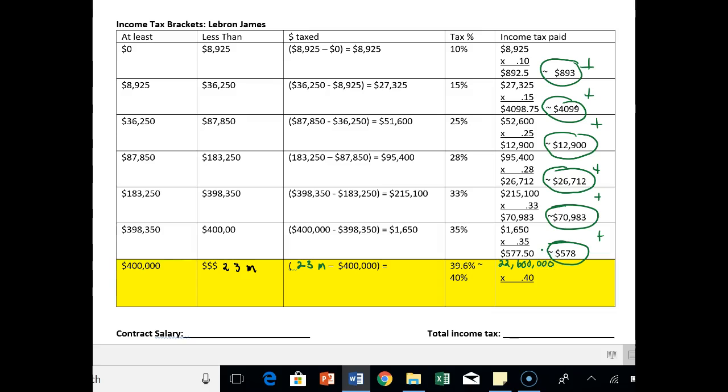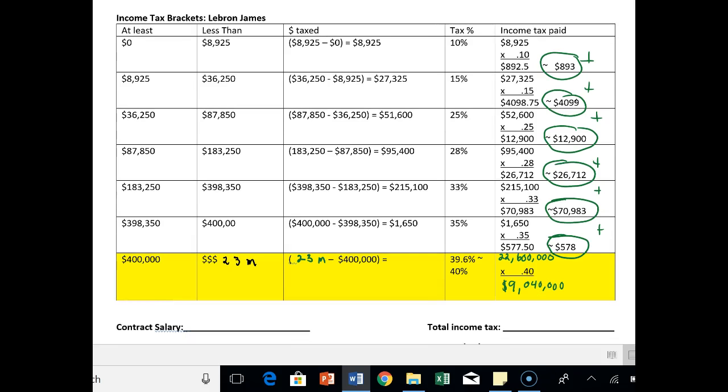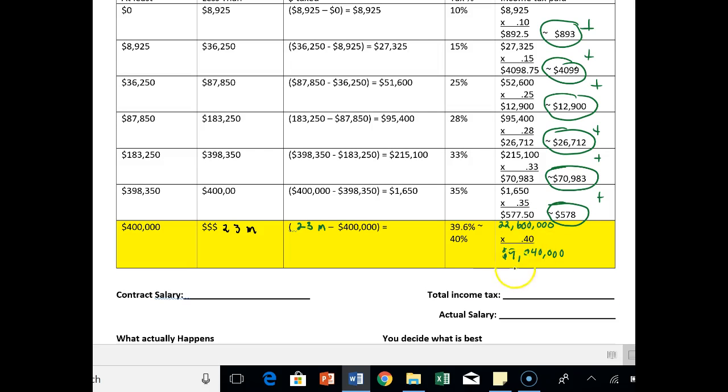When I multiply that by 0.40, that turns out to be $9,040,000. That's a lot of money. So the most money that LeBron pays in tax occurs in this 40% tax bracket, right? They're really hammering him on that.